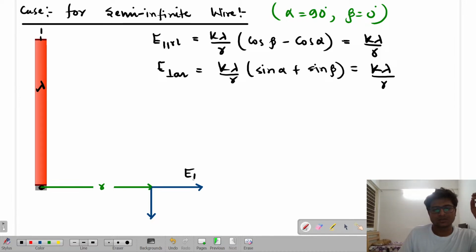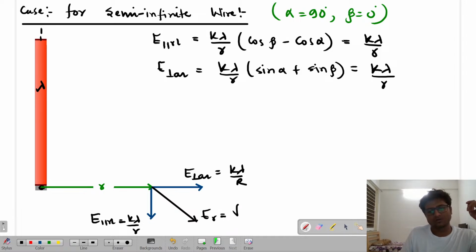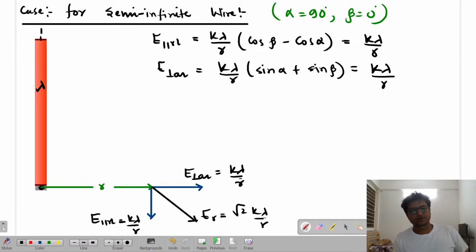This E perpendicular is also k lambda by r and E parallel is also k lambda by r. So E resultant will be root 2 k lambda by r. Is that clear? Are you able to get me or not? And this angle will be how much? 45 degree.